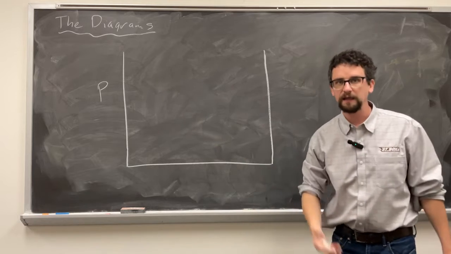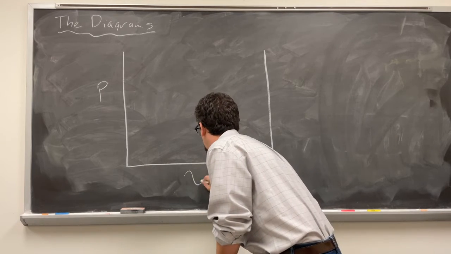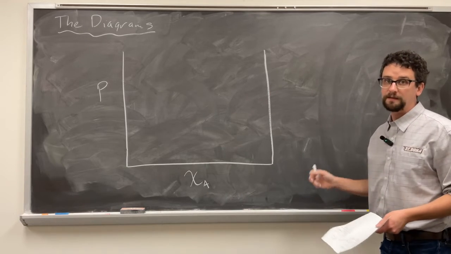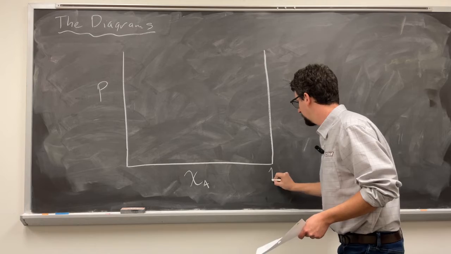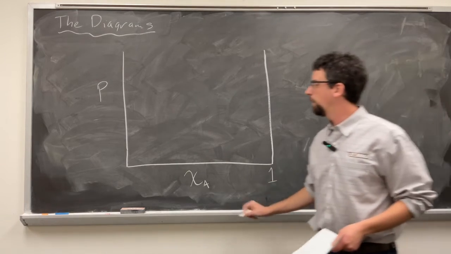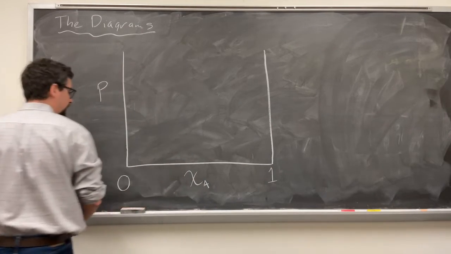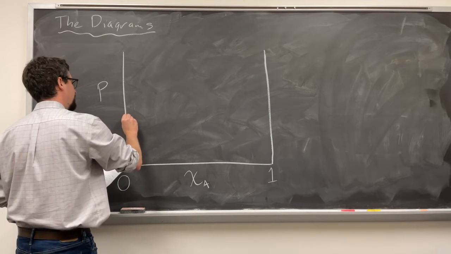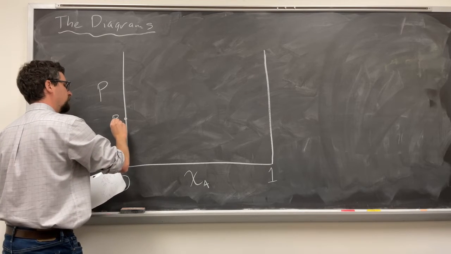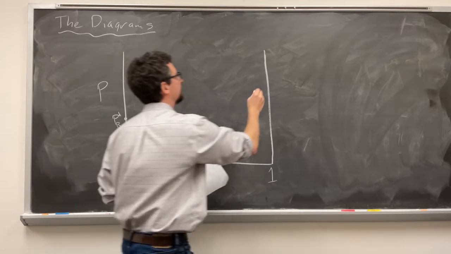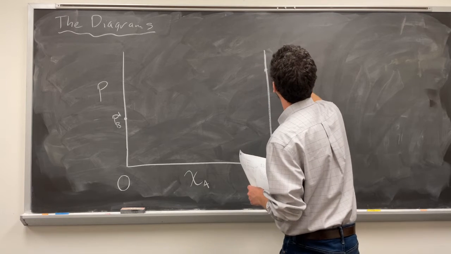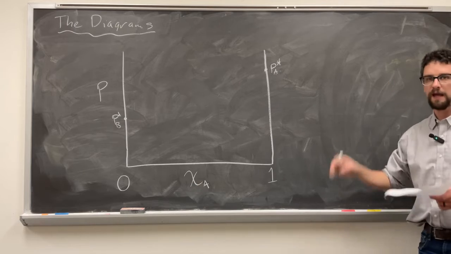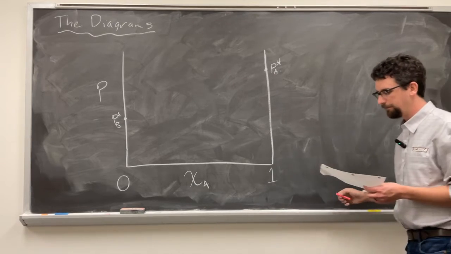We'll have component A and component B. And along here, we have the mole fraction of A. The maximum that we can have is all pure A, or we can have all pure B. Okay, so we're going to try to mark those points here. This is where we would have PB star, and let's say up here, that's where we would have PA star. So the pressure, or the vapor pressure of pure A and the vapor pressure of pure B.